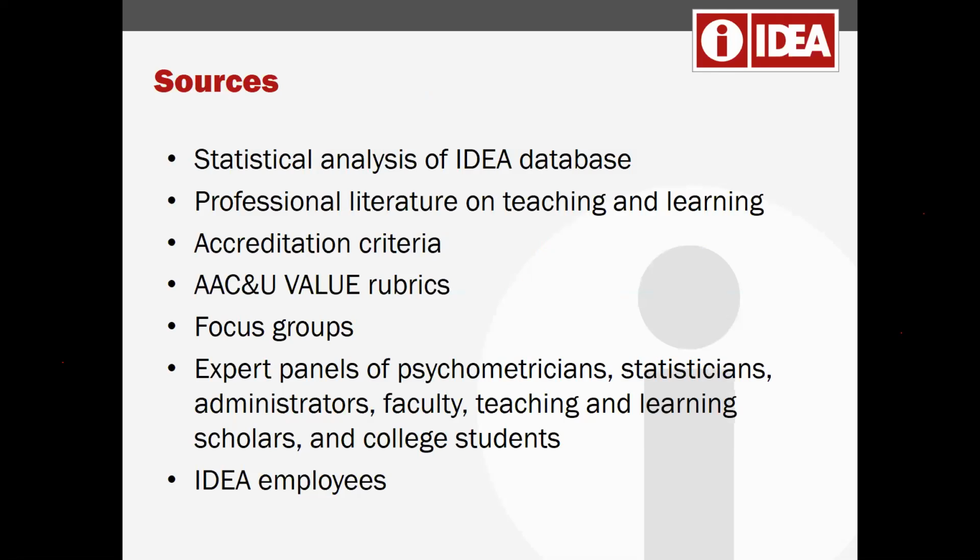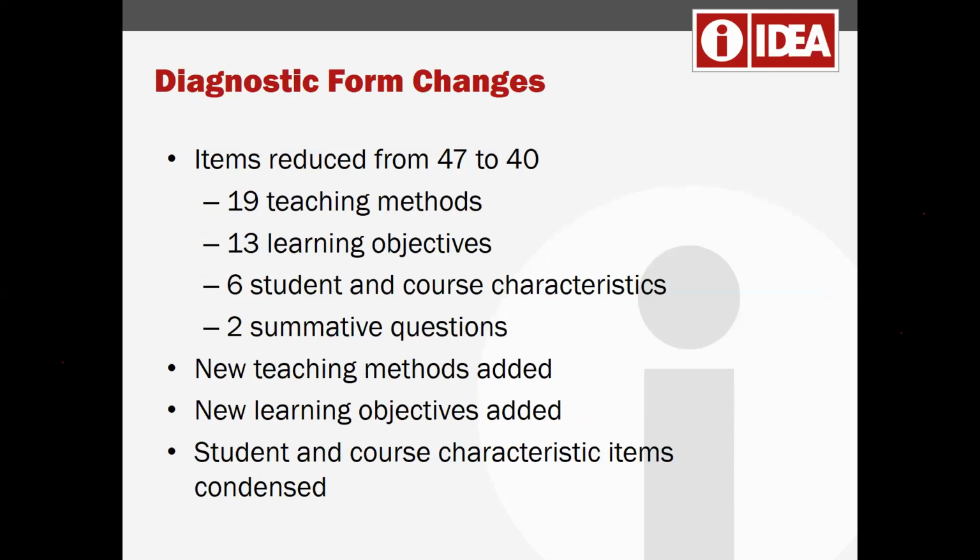Go to the professional literature. And we also try to make it a central goal to align the items with professional and accreditation criteria. So the instrument aligns with the professional standards that are out there, a variety of them, as well as each of the 6 regional accrediting bodies' criteria as well. The end result of that revision was that we were able to reduce the number of items within the instrument.